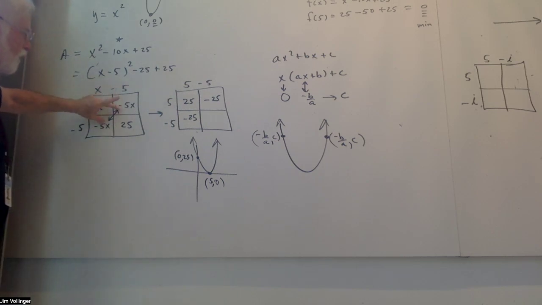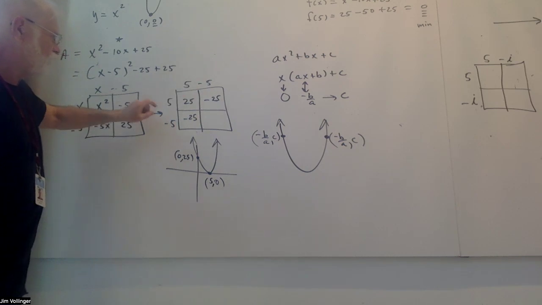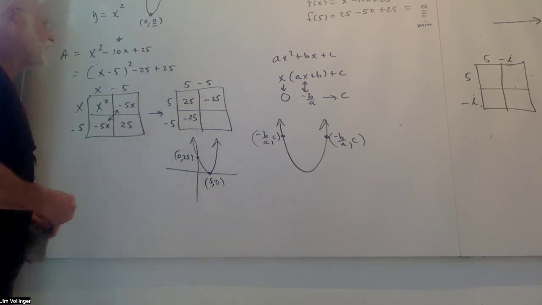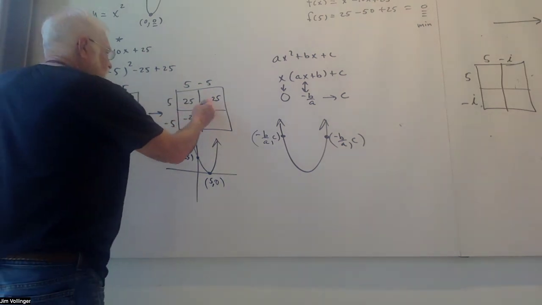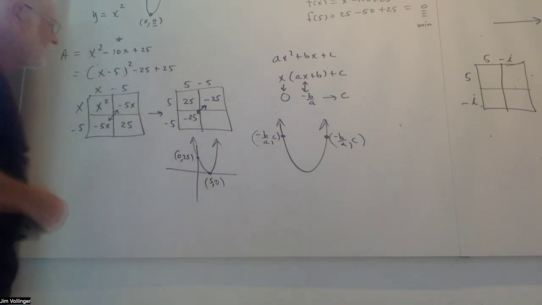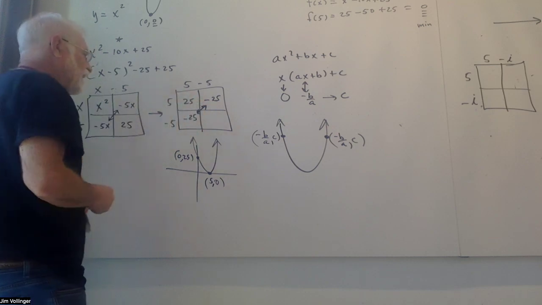The linear terms are diagonal to each other. 5 times minus 5 is minus 25. And minus 5 times 5 is minus 25. And I hope you can see the size to size comparison that we've been doing since day one of the semester. The negatives, magnitude, twice the size of the positive.